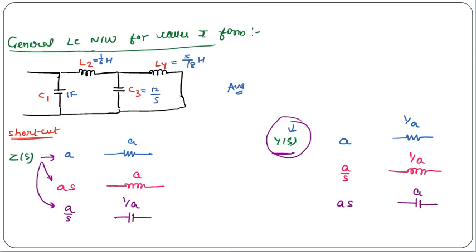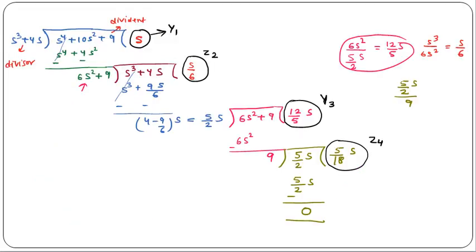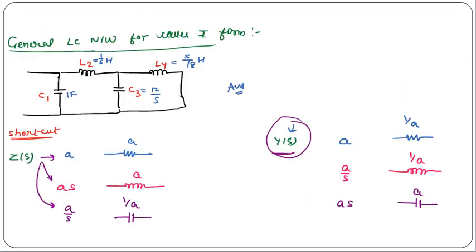This is 12 by 5 of s, which is a s, and the coefficient of s is a, so the value of the capacitor will be a. So the value is 12 by 5, and we will get a capacitor of value 12 by 5. Similarly, you can do the same for the other elements also.